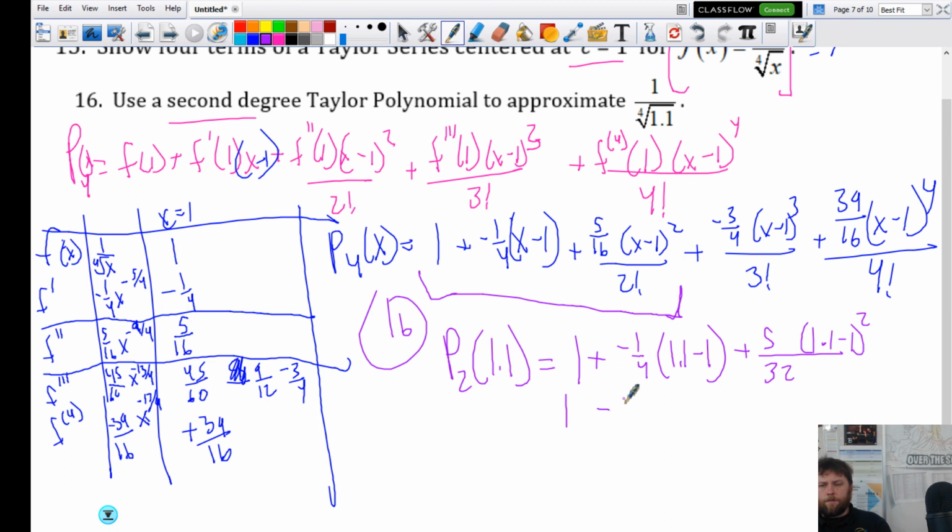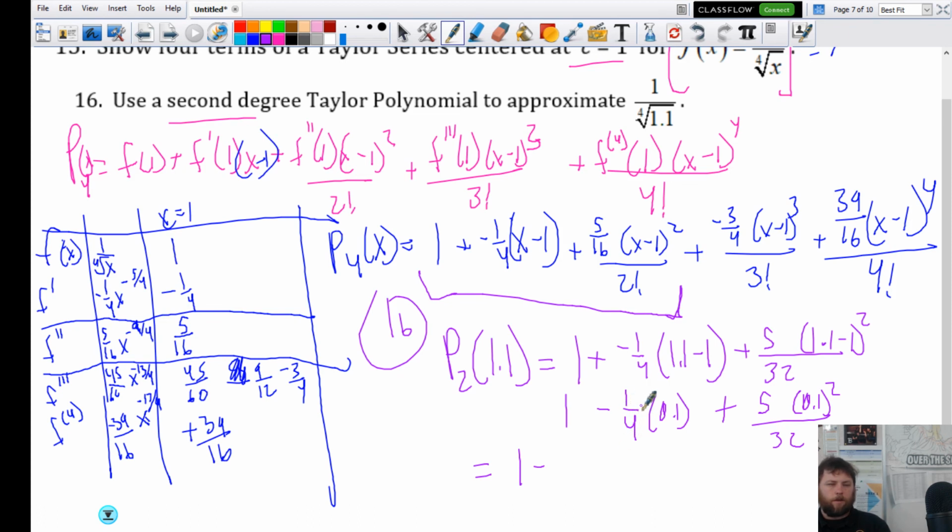So 1, it's going to be minus 1/4 times 0.1. I'm still going to try this. Why not? What else am I doing today? 5 times this is going to be 0.1 squared over 32. I can do this. So it'll be 1. This is 0.25. I'm going to switch this to decimals.